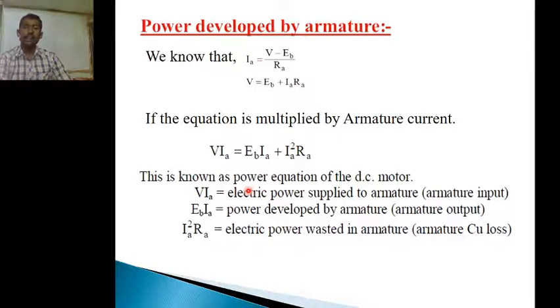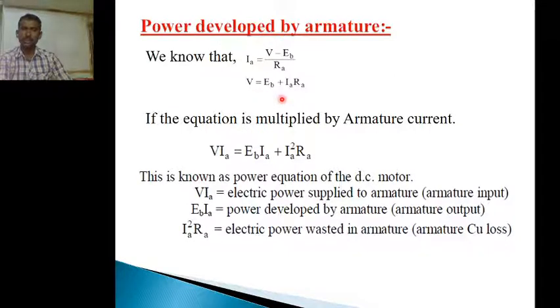And next, the power developed by the motor. We already know that V equals Eb plus Ia Ra in case of the DC motor, whereas in case of the DC generator Eg is equal to V plus Ia Ra. Here our discussion is only for the DC motor. So the terminal voltage equation is V equals Eb plus Ia Ra.